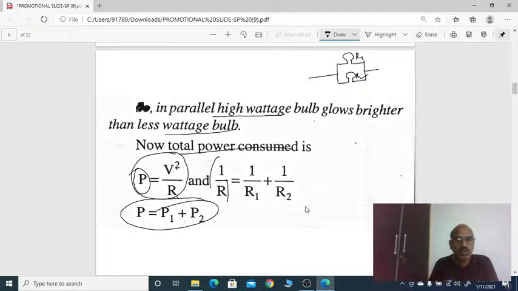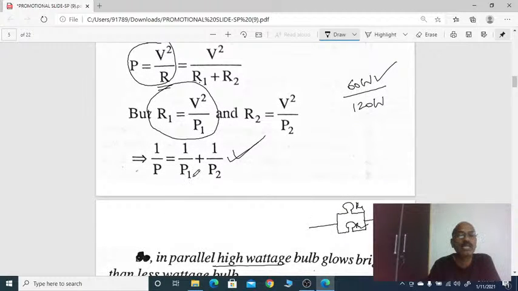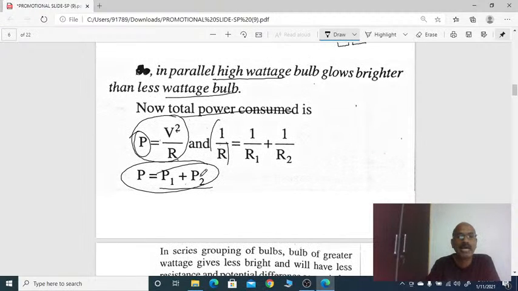So when two bulbs are connected in parallel, the total power will be the sum of the two individual powers, P1 plus P2. In series it will be reciprocal: 1 by P equals 1 by P1 plus 1 by P2. In parallel, the effective power will be the sum of the two.